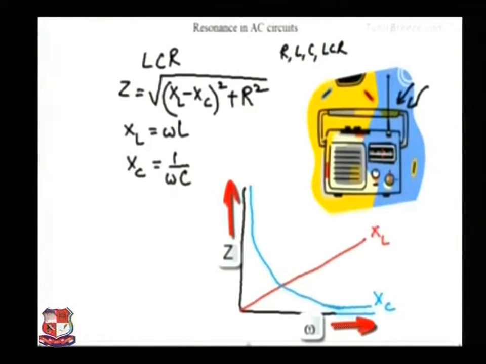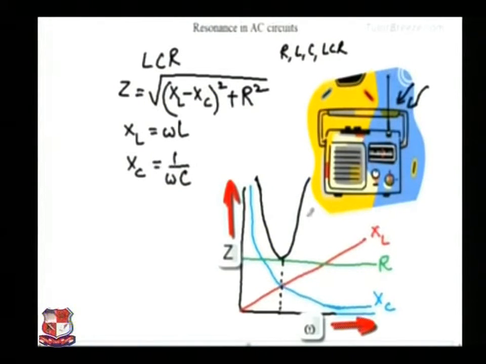And the graph for the resistance would look like this, because the resistance doesn't change with frequency. The total impedance Z, if I draw a graph, would look like this.